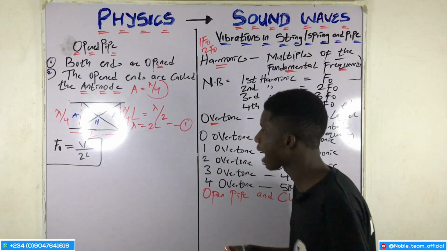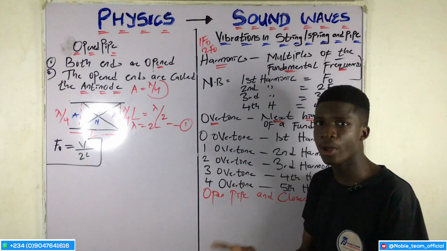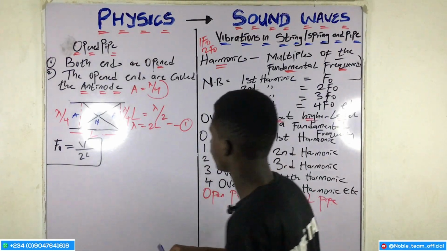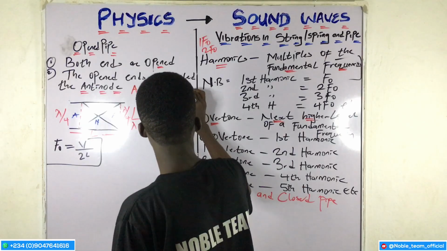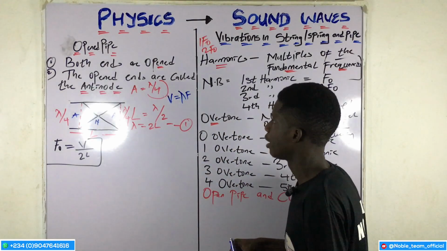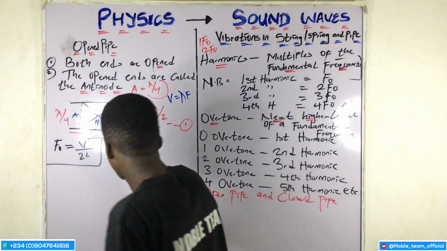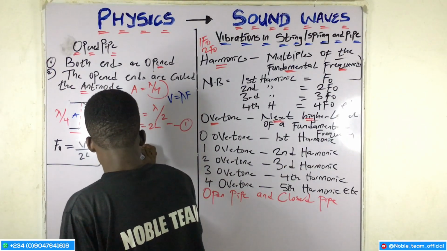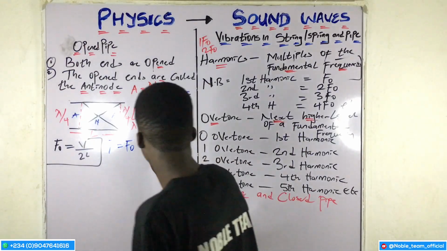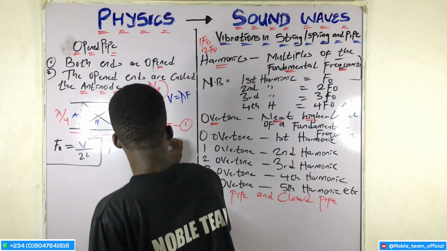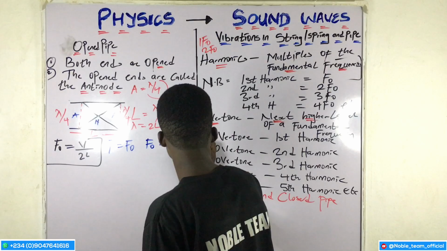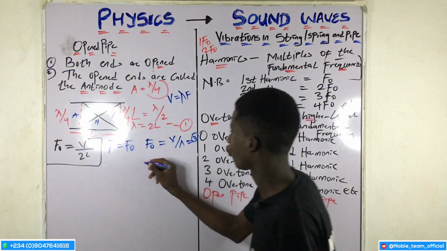Okay, good. Now, the general form of the equation of a wave says that V is equal to lambda multiplied by frequency. Now, I can simply say that frequency is equal to the fundamental frequency. Do you understand? Now, from here, I can say that my frequency is equal to velocity over lambda. I can call this equation 2.